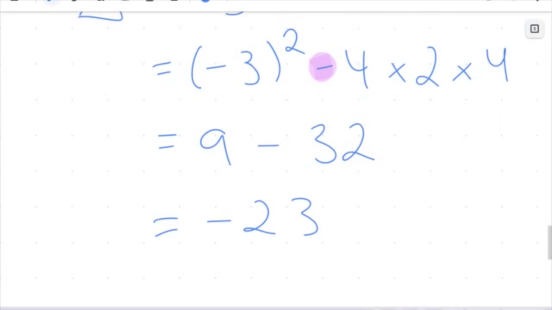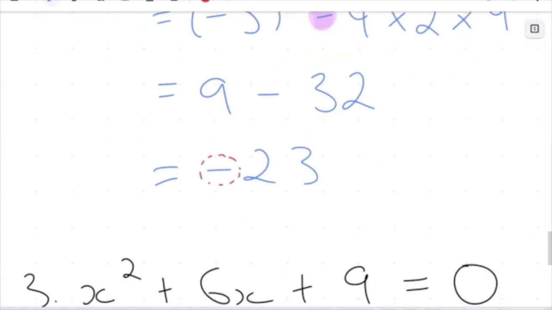Now remember, the discriminant is the bit that falls inside the square root of our quadratic formula. So having a negative number, any negative number in a square root, that's going to give us our math error. That means no real solutions here.